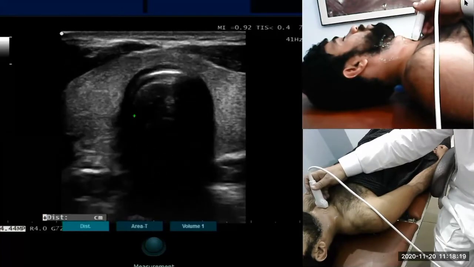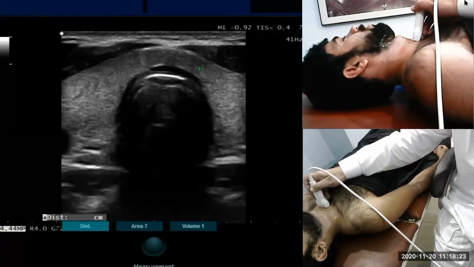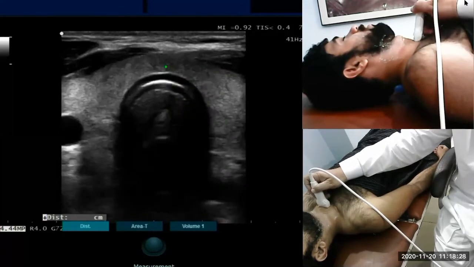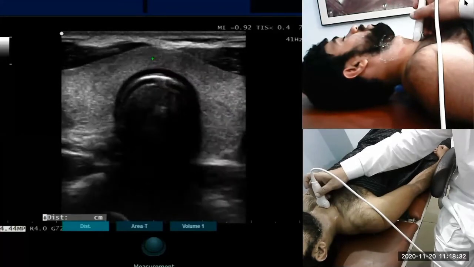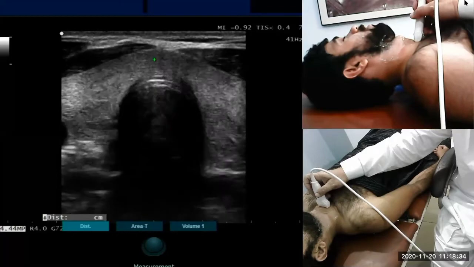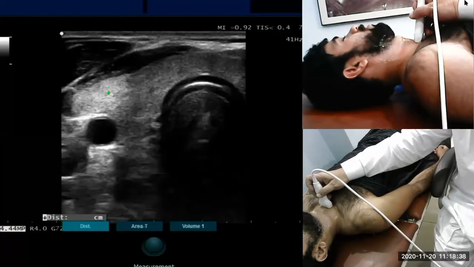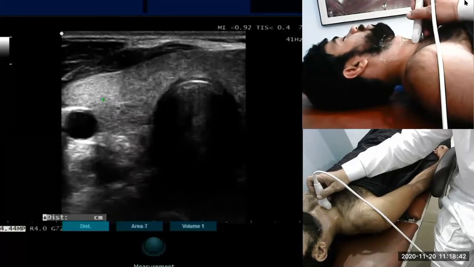they are attached through this isthmus. We will measure the size of the gland and we will give tremendous importance to its brightness.